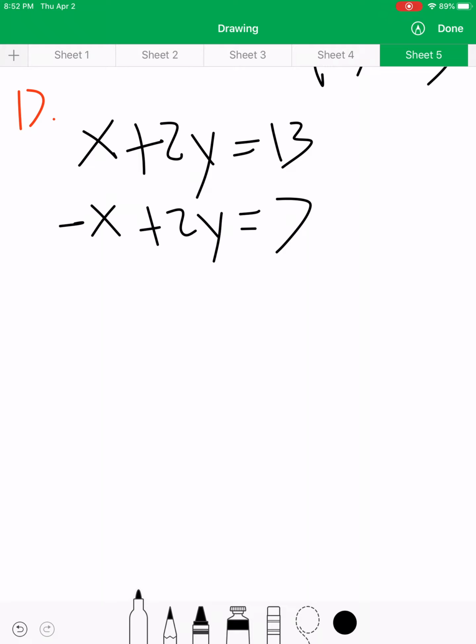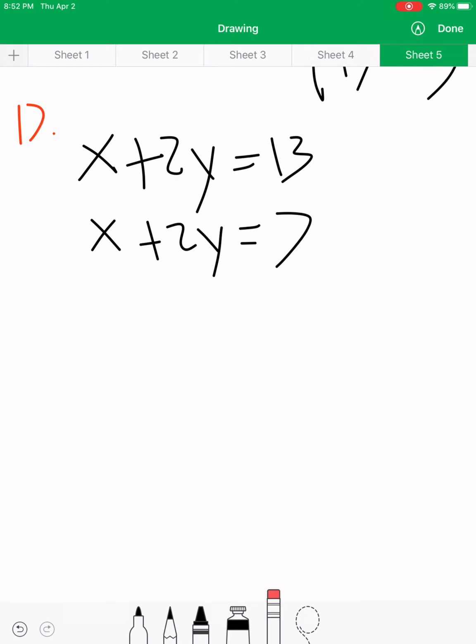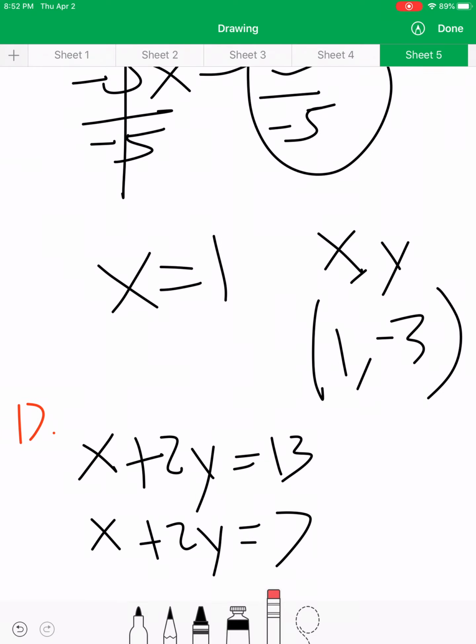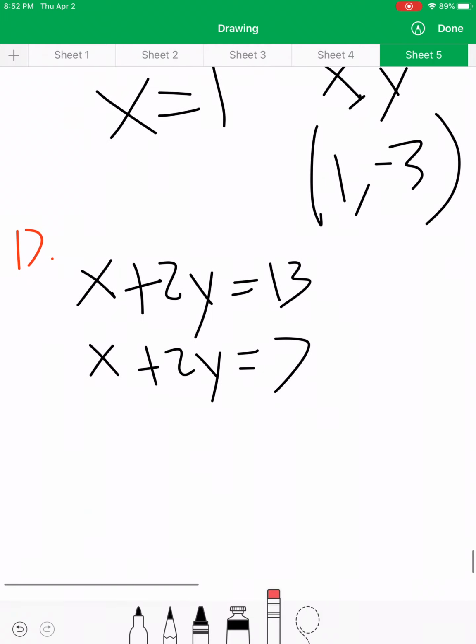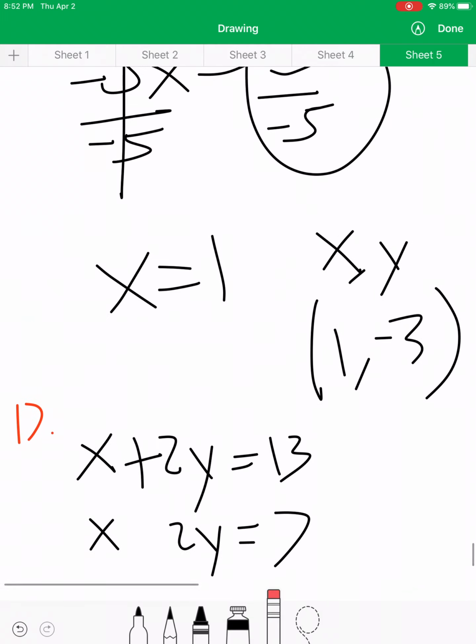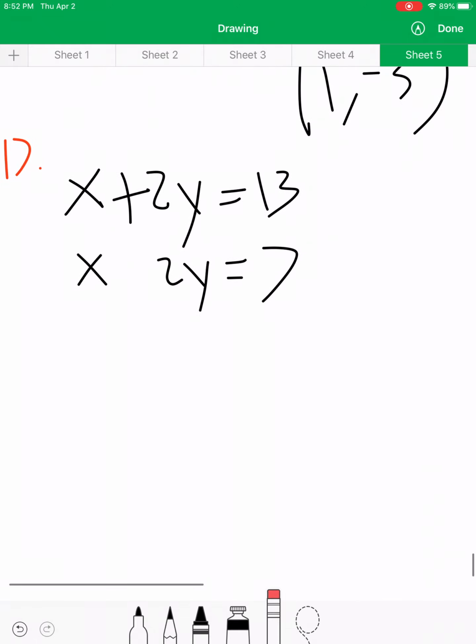I'm sorry, I'm looking at my worksheet here and my answer key, and it looks like I gave this to you as x minus 2y equals negative 7. I believe that's correct. I'm sorry, I'm looking at my key here.